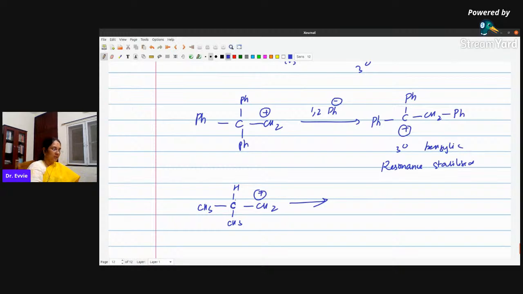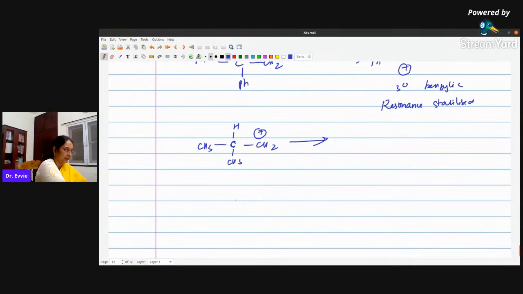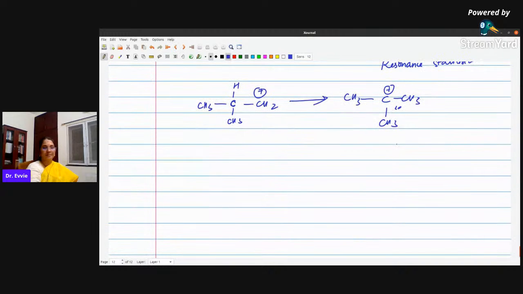We can write that a CH3 group can go, as I told you about stability, and form a positive charge. So this is again primary and this will be tertiary. You would write it like this because the methyl group is electron donating, it will move. But that is not the case. So let us see which one takes preference. This is called your migratory aptitude.